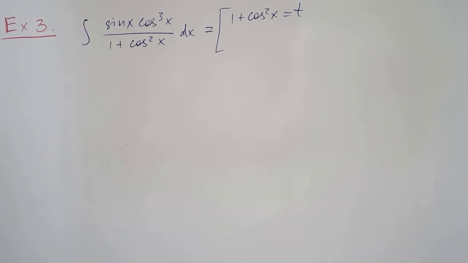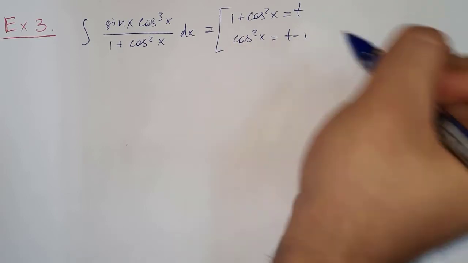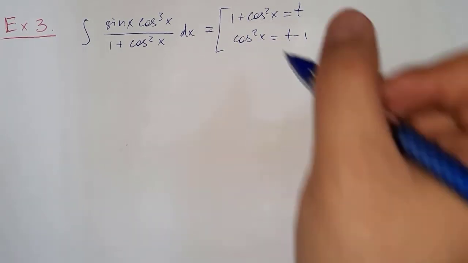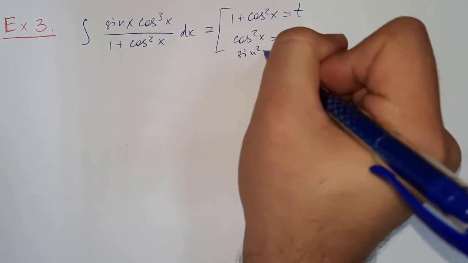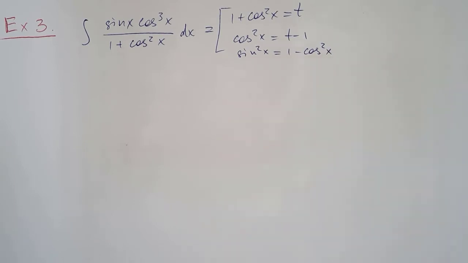So we can use trigonometric formulas, or here find cosine squared x, this is t minus 1. Cosine squared x is t minus 1. And sine squared x is 1 minus cosine squared x. Yes?